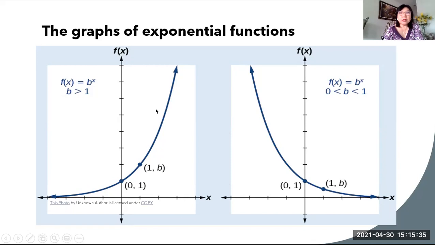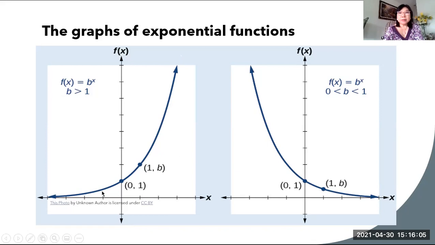So the function on the left is increasing, but the function on the right keeps decreasing. From positive infinity, it goes down and down, almost touching the x-axis, with the y value almost 0 but never hitting 0. So it's 0.001 something.